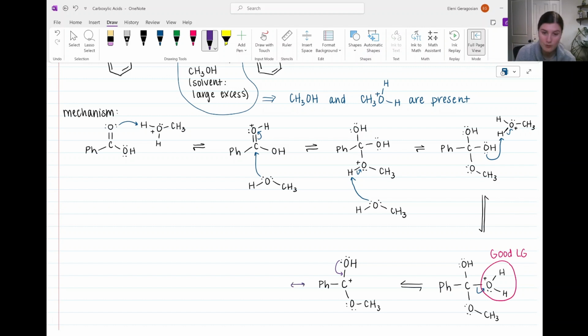So now instead of drawing an equilibrium arrow, I've drawn a resonance arrow. This generates a closed shell carbon.